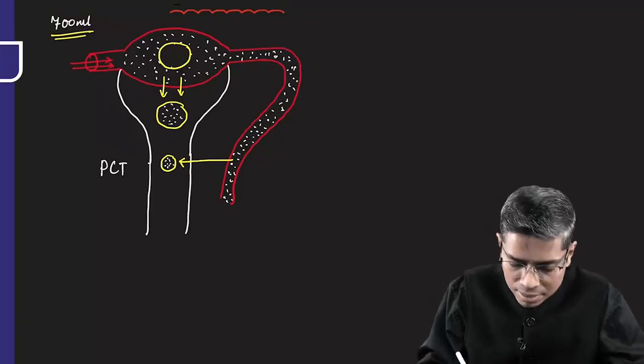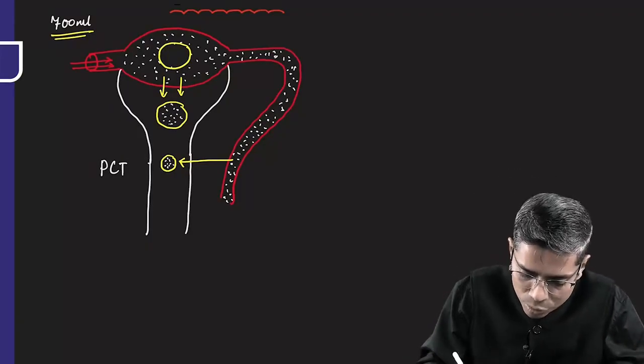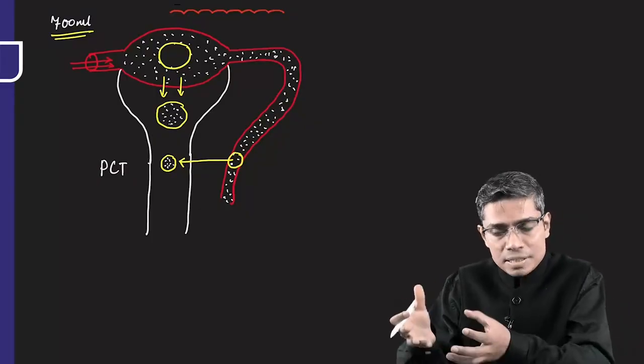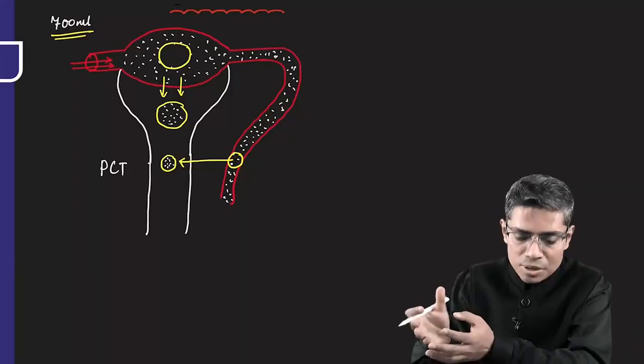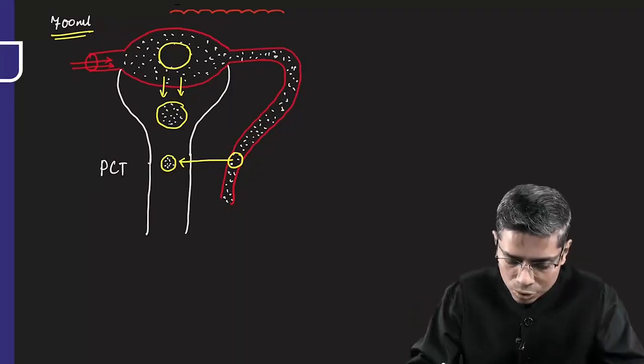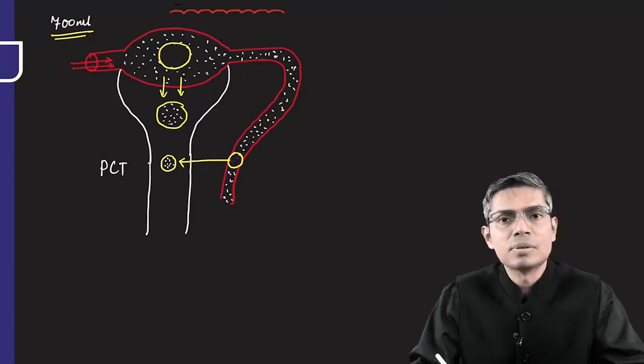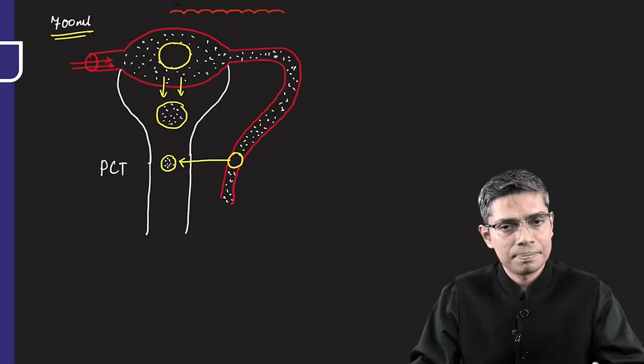So what will happen? A certain volume of plasma is going to be cleared from this peritubular capillary loop, obviously, because this amount of creatinine is reaching from the peritubular capillary to the PCT. So there will be clearing here also, okay? A certain volume of plasma is getting cleared even at the level of the peritubular capillary, right?